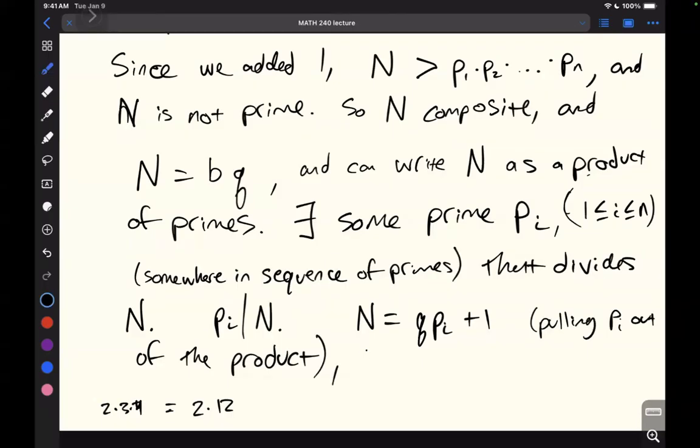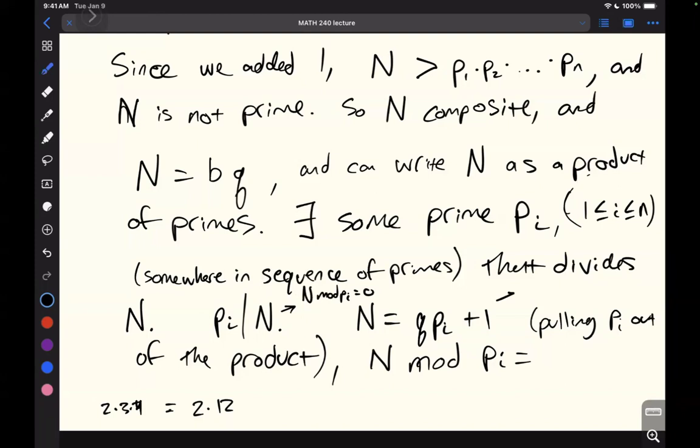And so what this means is that if we compute the modulus, so N modulo Pi, is going to be what? Well, from here we know N mod Pi has to be 0.